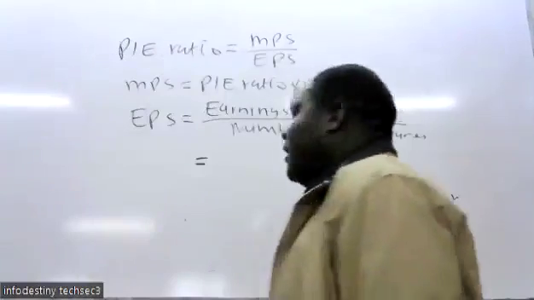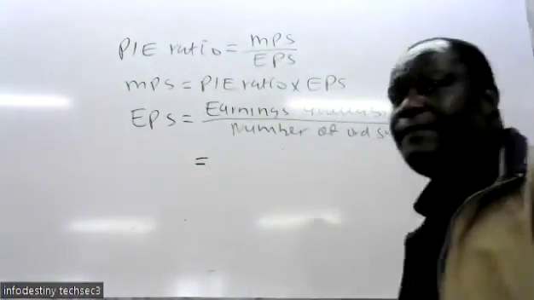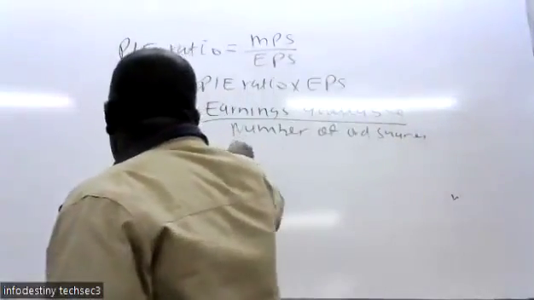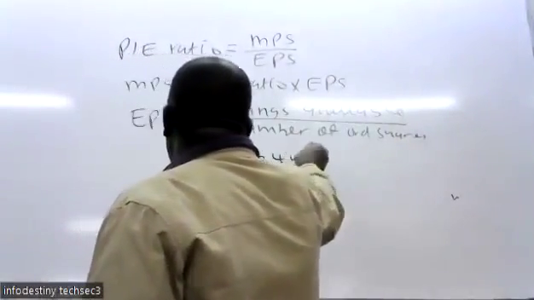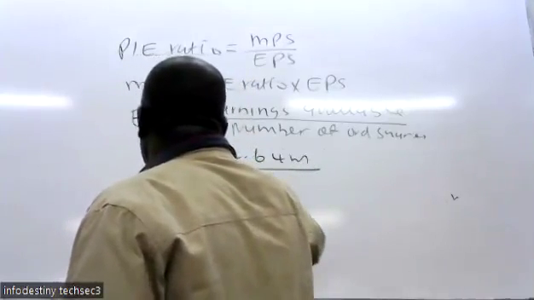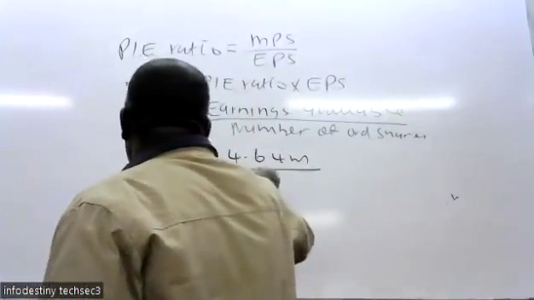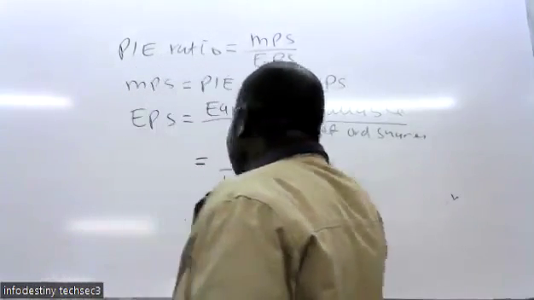What are the total earnings that you have just calculated? 4.64 million, isn't it? The number of the shares is 4 million plus 1 million.